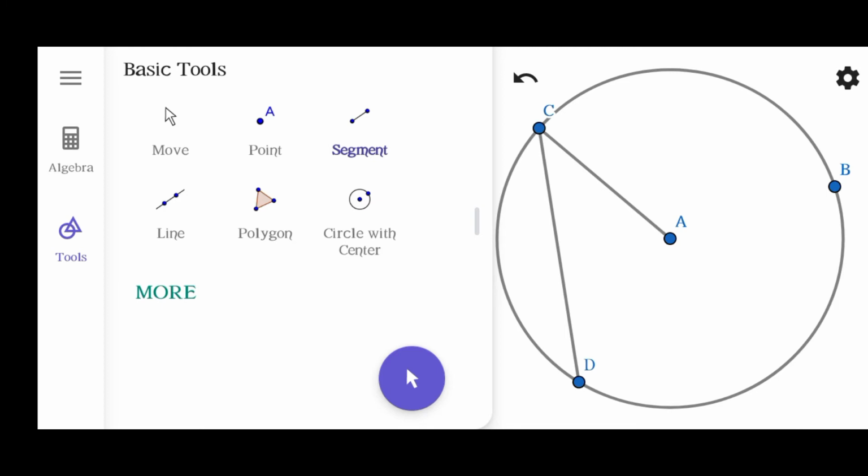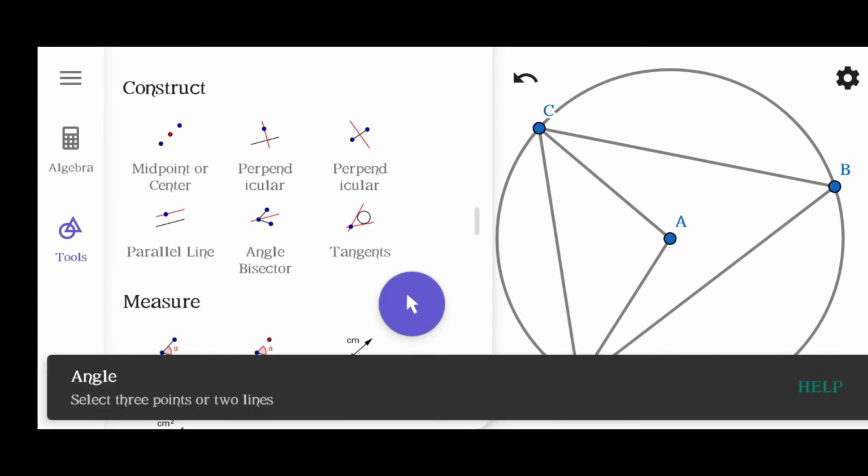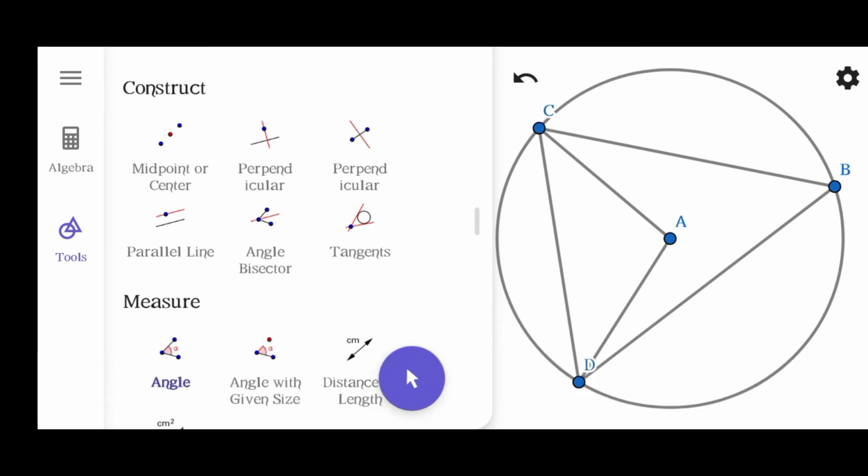Then let me subtend my angle at the center A and the angle at the circumference B. Let me quickly measure them to see whether the angle at the circumference will be half of the angle at the center.